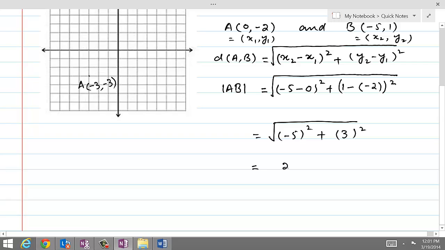This is 25 plus 9, and then square root. 25 plus 9 is equal to 34, and the answer is √34. The distance between these 2 points is equal to √34. AB distance here and AB distance here.